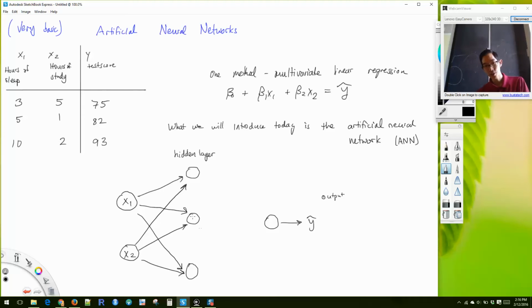Okay, and then each of these neurons produce an output, and they feed into here, which then takes 3 inputs and produces 1 output. Okay.